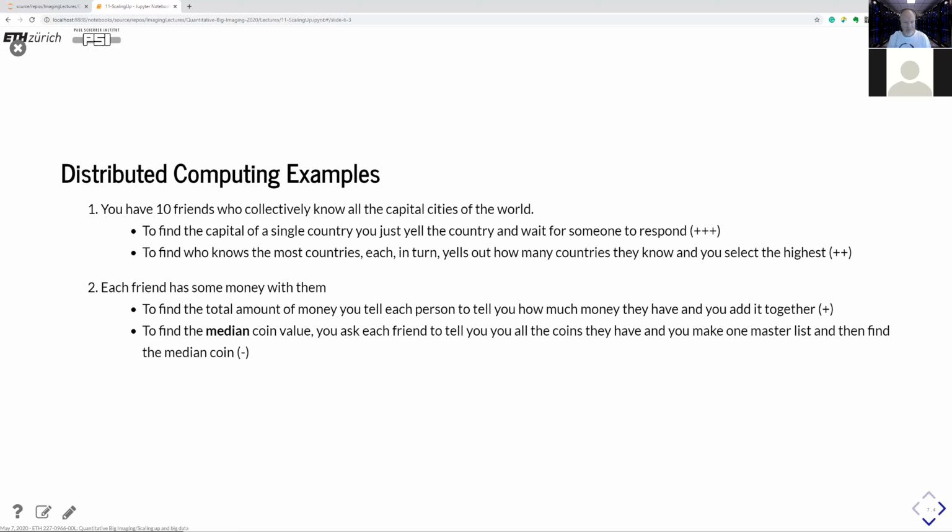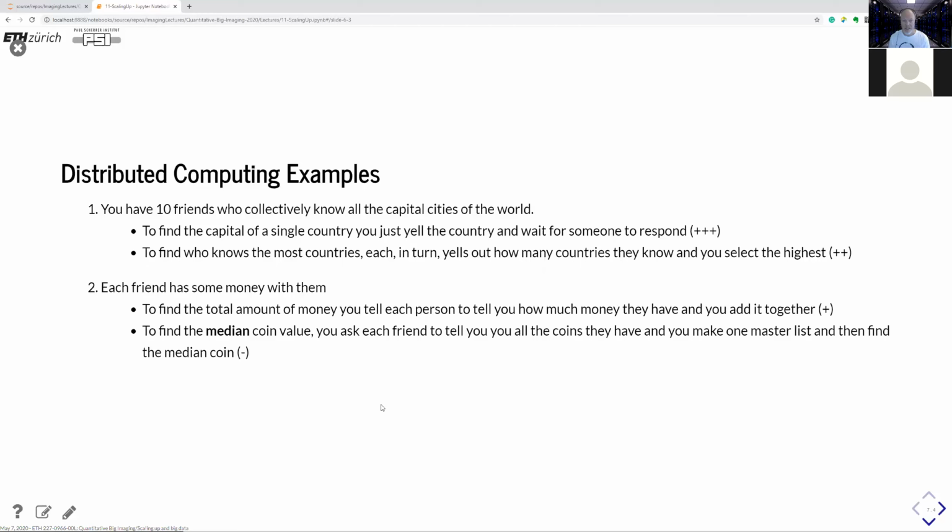And then you can also have a lot of friends, each with some money, and to compute the amount of money they have, they all have to bring in the information, and that's not really so efficient in the sense of distributed computing.